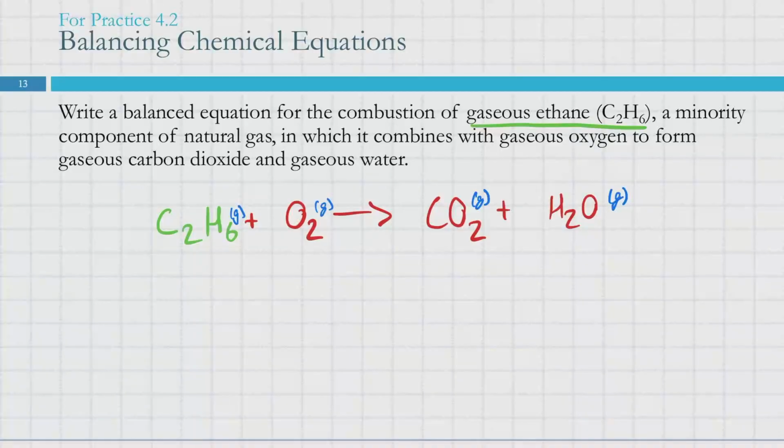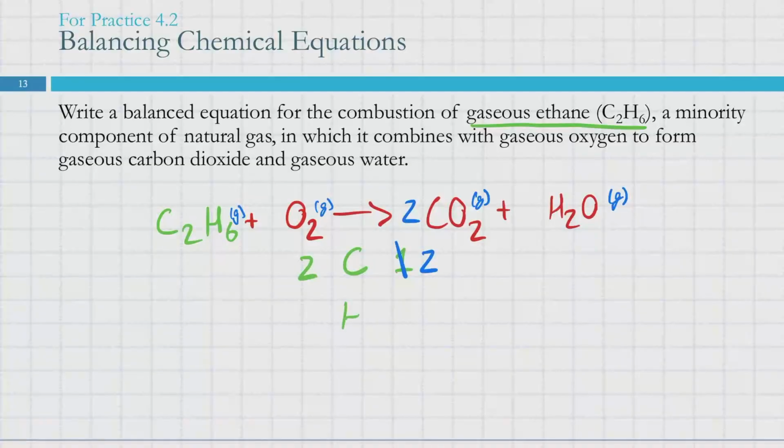Balancing from left to right, for our carbon, we've got 2 carbons on the left side, and we've got 1 carbon in our carbon dioxide on the right side. To get those to balance, we're going to add a coefficient of 2 in front of CO2. Now we've got 2 carbons.